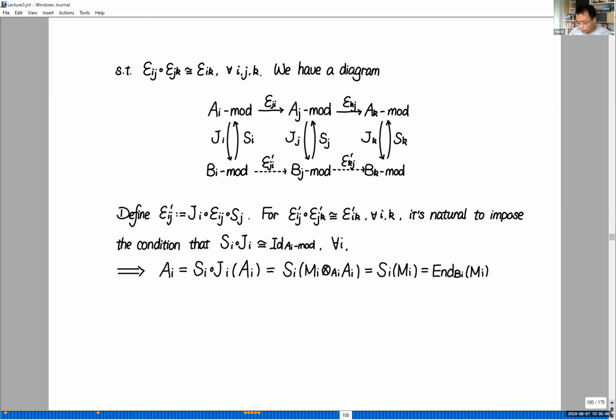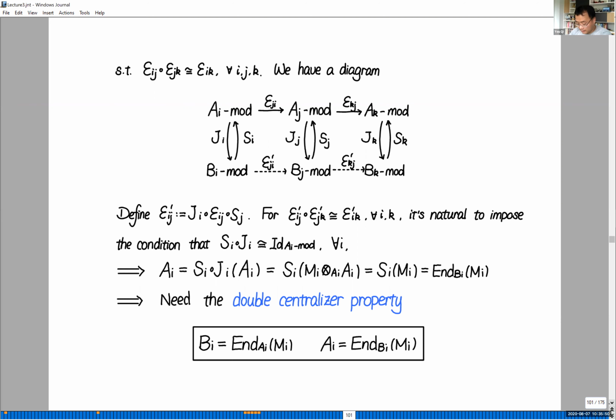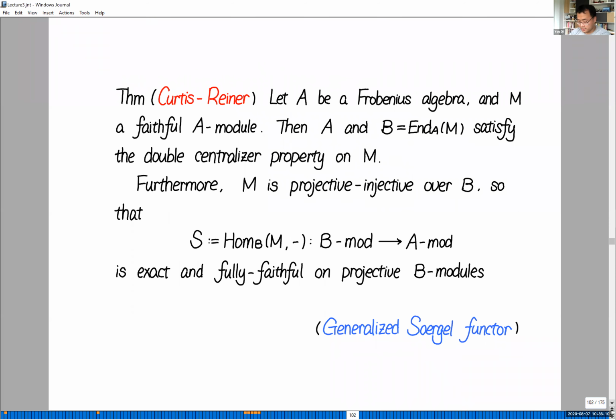So you are forced to have this so-called double centralizer property. By definition, B_I is the endomorphism of M_I over A_I, and now you also need to require A_I is the endomorphism of B_I. So this is a very classical situation of the double centralizer property. And what's amazing about this special situation we're considering over a symmetric Frobenius algebra is this very beautiful theorem of Curtis and Reiner, which already existed many years ago, from the 1960s.